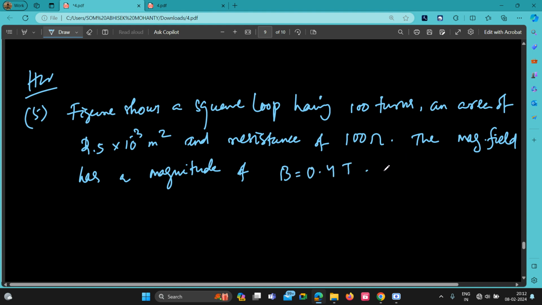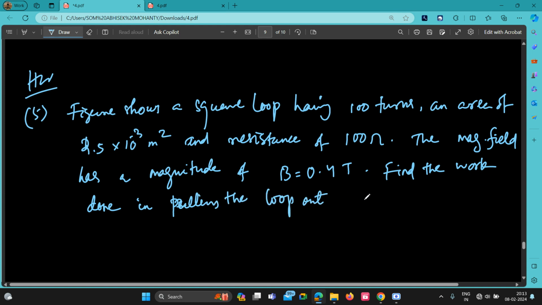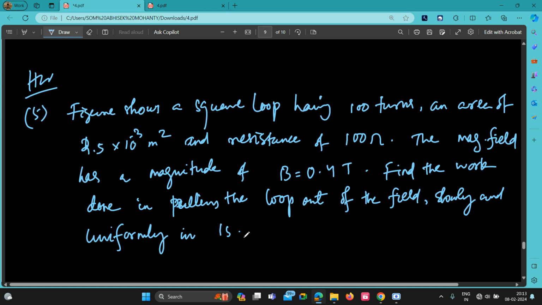Find the work done in pulling the loop out of the field slowly and uniformly in 1 second.